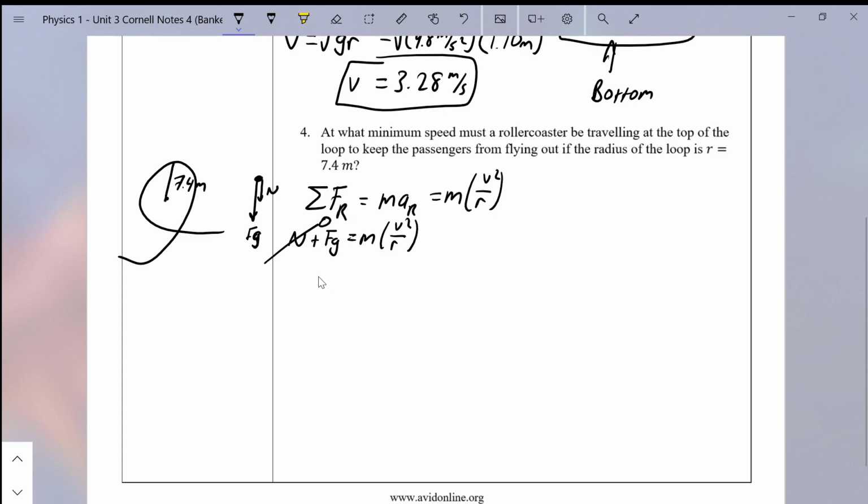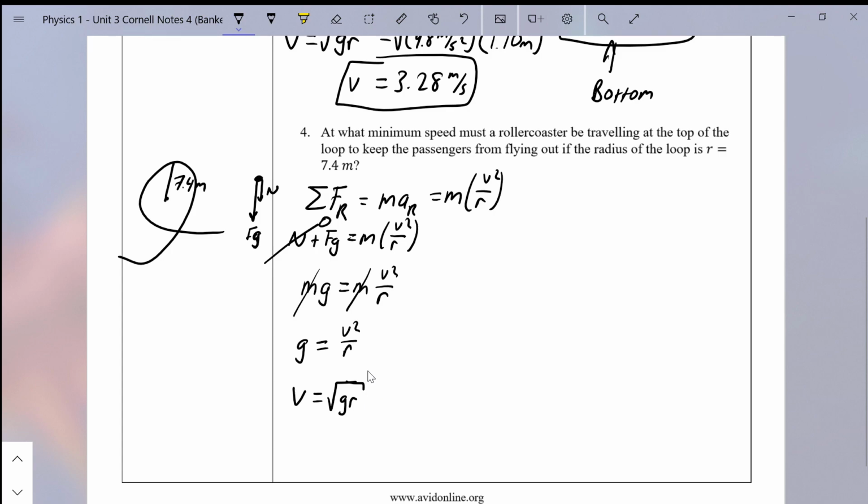Then I can write this out. Force of gravity is mg, and then we have mv squared over r. Same thing happens where our masses cancel, and then we get just g is equal to v squared over r. So our radial acceleration is the same as our gravity acceleration if normal force is 0. If I solve this for v, I get v is equal to the square root of g times r.